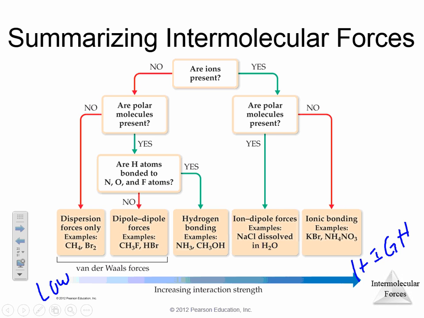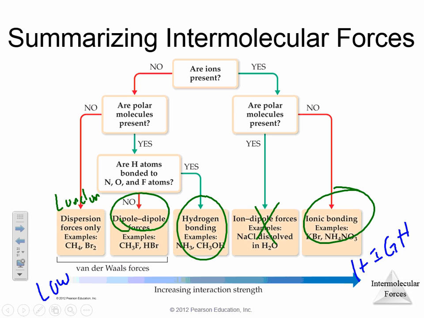You have London dispersion forces only. So we have London first, followed by dipole-dipole, followed by hydrogen bonding. All right, I talked about ion dipole forces. Not going to worry about that one as much. And then we have our ionic bonds over here, which we know have the highest melting points in general anyway.